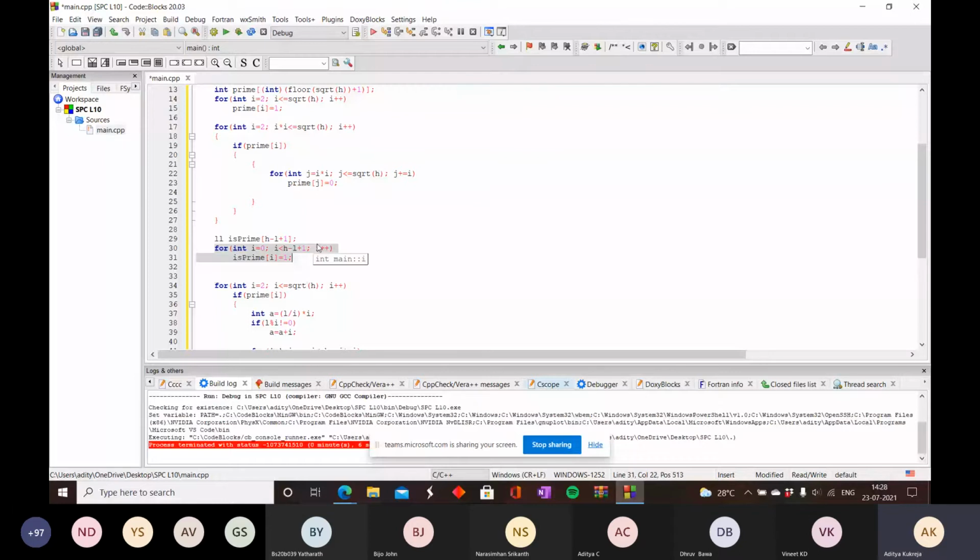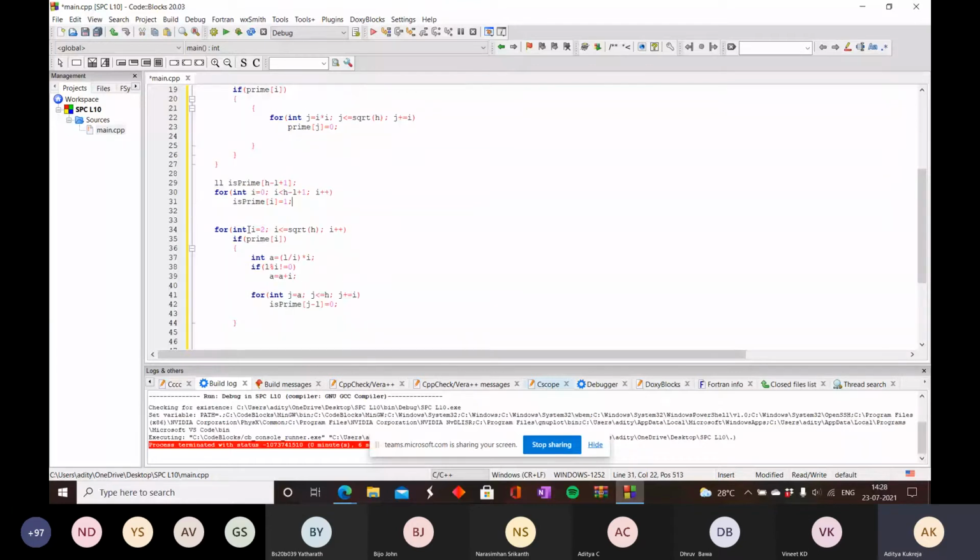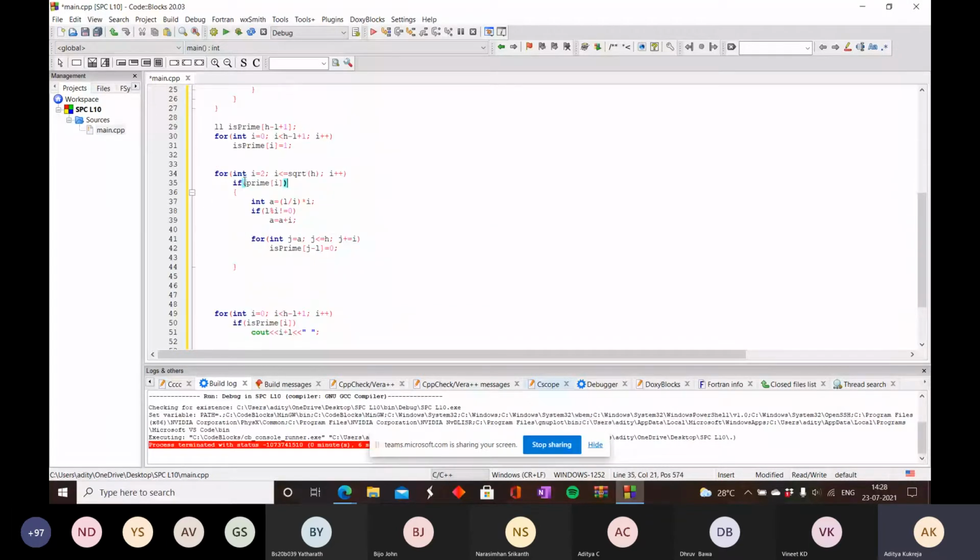After that, we run a for loop for I equal to 2, and the loop runs as long as I is less than or equal to square root of H. Here we are crossing out the elements of the is prime array, so you'll only be left with the prime elements. If your element in the prime array is prime, it has a value of 1.